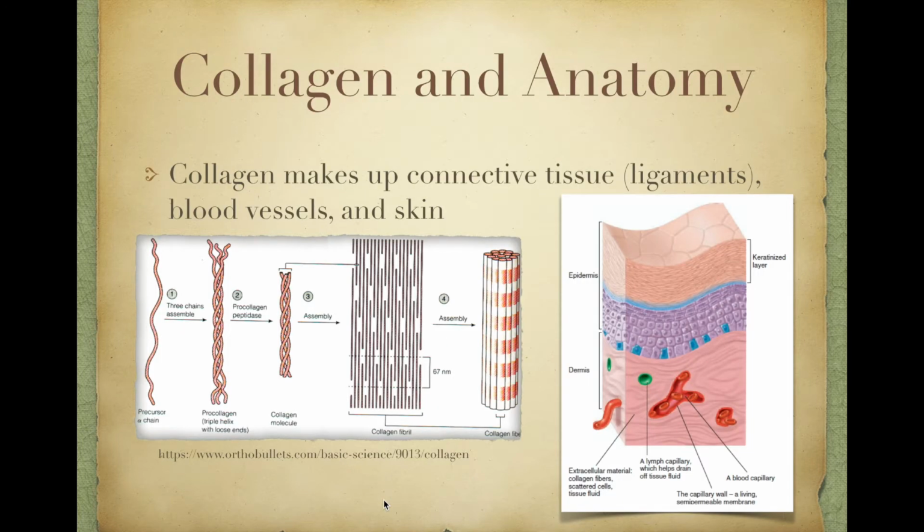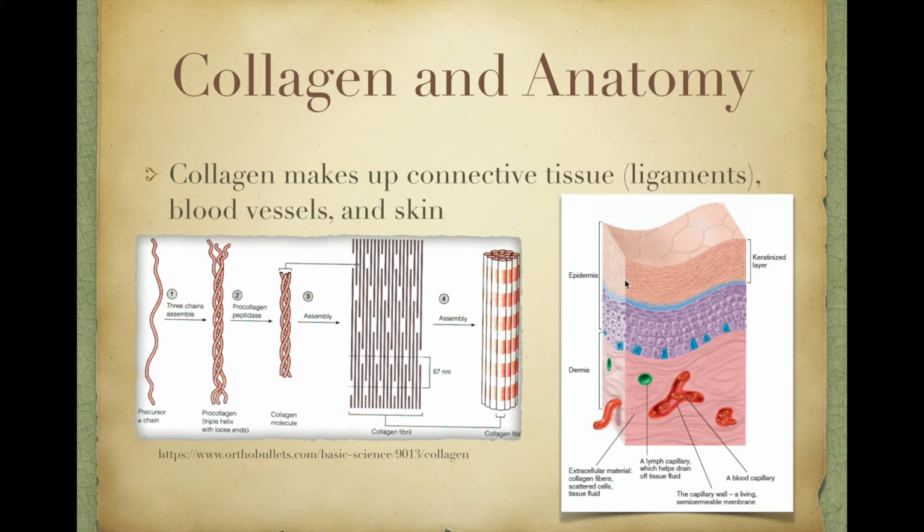Collagen makes up a lot of the connective tissue, the ligaments, the tendons in animals. It also makes up the cartilage between different vertebrae, and it's also a component of skin. So it's the connective tissue under the skin.